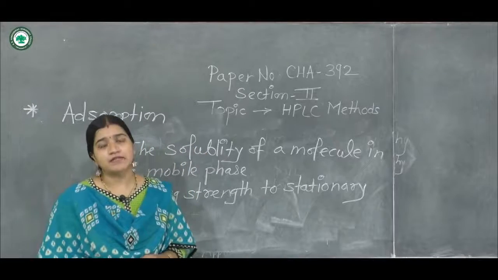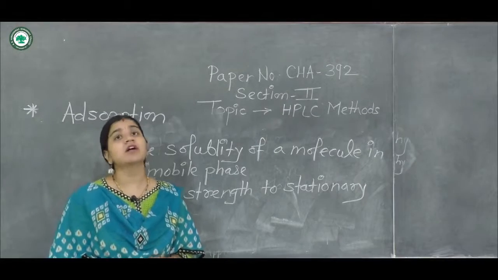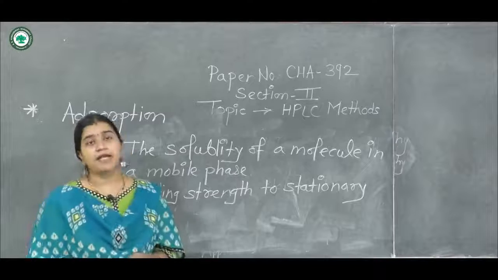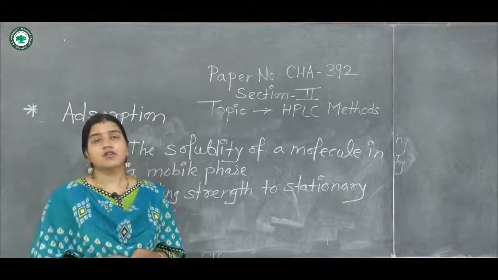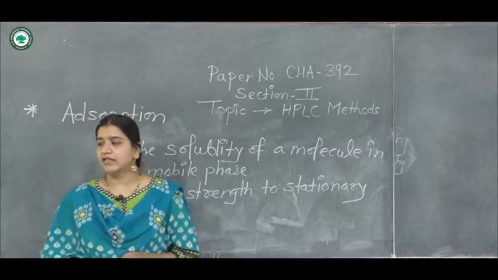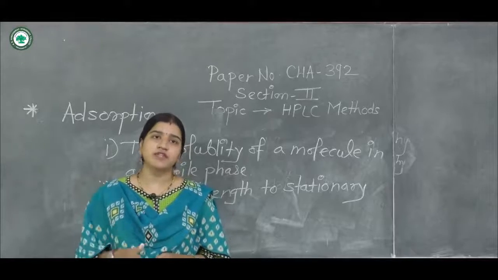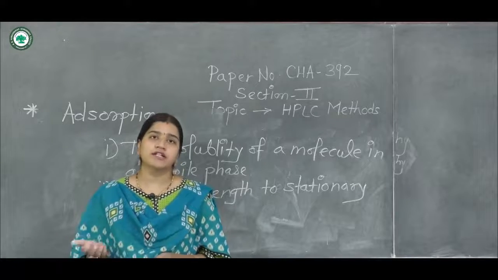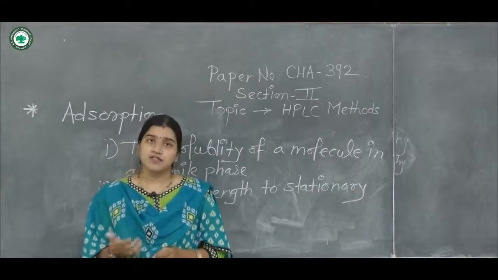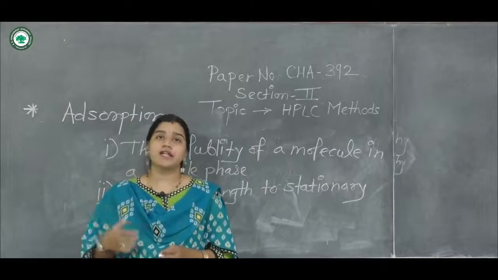Binding strength means how strongly your molecule is adsorbed to the surface, or to the adsorbate, and that will determine its separation. So the greater the binding strength, the more slowly the molecules will move, or the rate of elution will be slow. And if the binding strength is weaker, then the molecule will move at a faster rate.